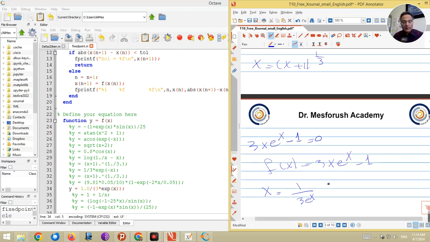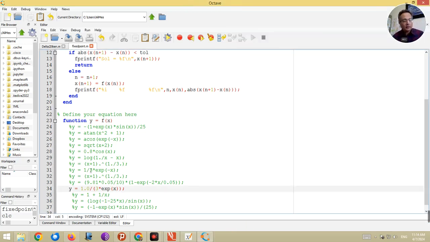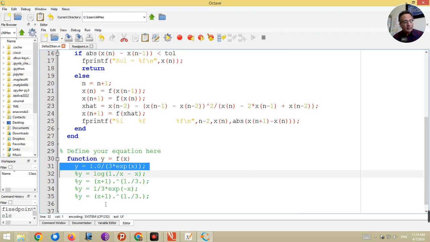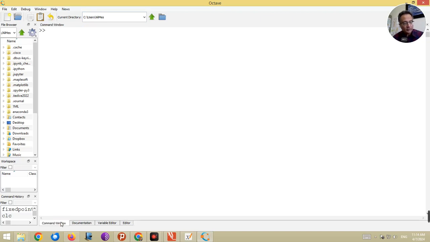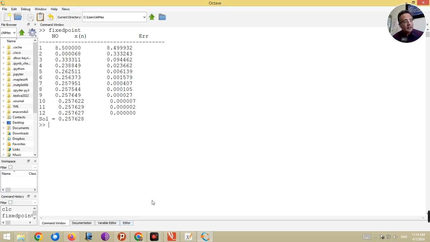Now let me show you the result of the implementation. First for fixed point, we have to consider y equal to 1 over 3 exponential of x, and for delta squared Aitken the same. First let me try fixed point. We get the solution in 12 iterations, and then let me try the delta squared Aitken.